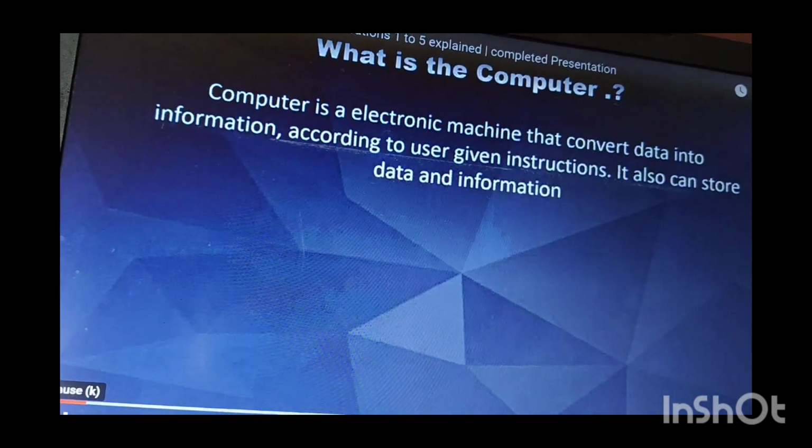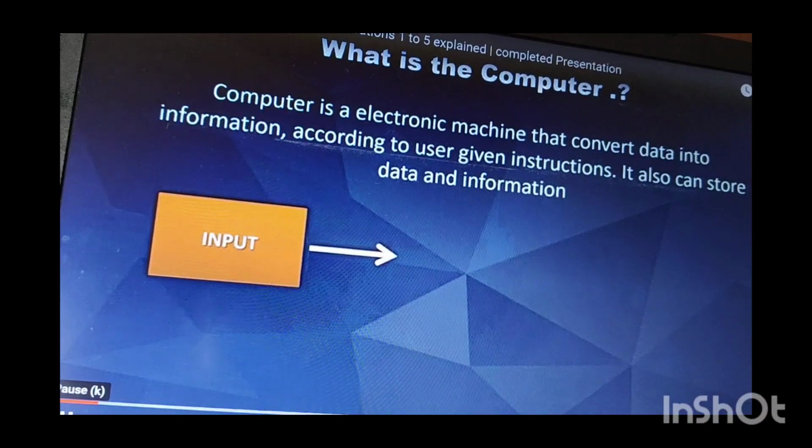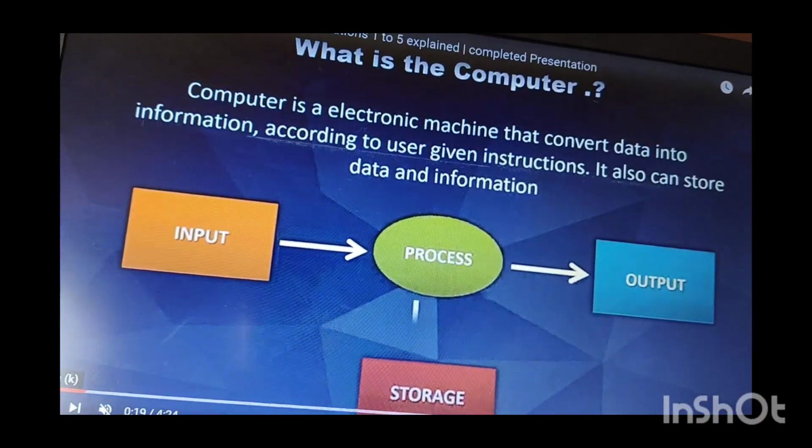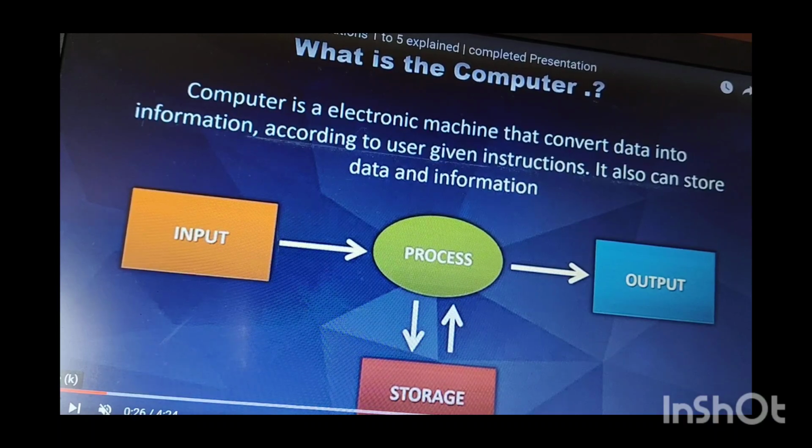As we know, a computer is an electronic machine that converts data into information according to the user's given instructions. It can also store data and information, as we know from the IPO cycle, storage, etc.